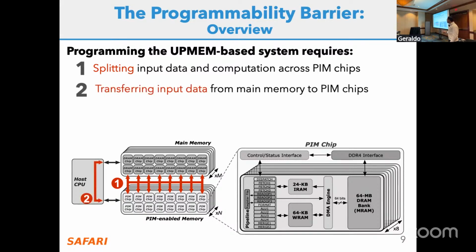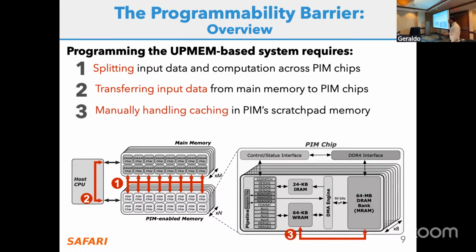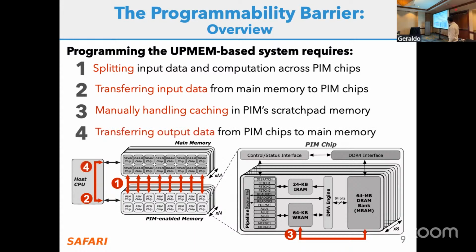Then you need to manually transfer the data from your host CPU memory to the PIM-enabled memory. You need to manually handle caching inside the processing in memory chip. And finally, you need to move the output data manually again from the PIM chips back to the host main memory, and also consolidate those outputs as well. So if you need to finalize a reduction, for example, you need to do that manually on the host CPU.